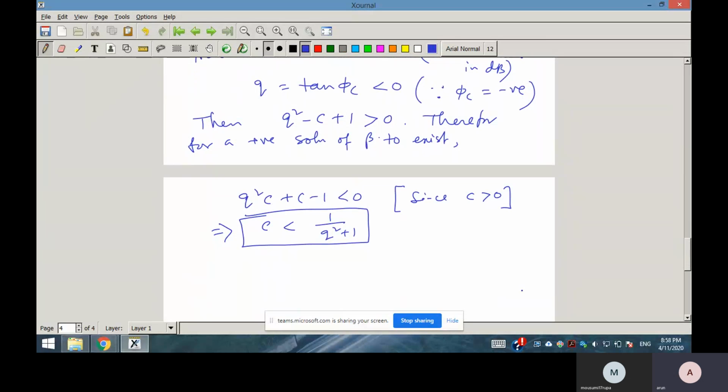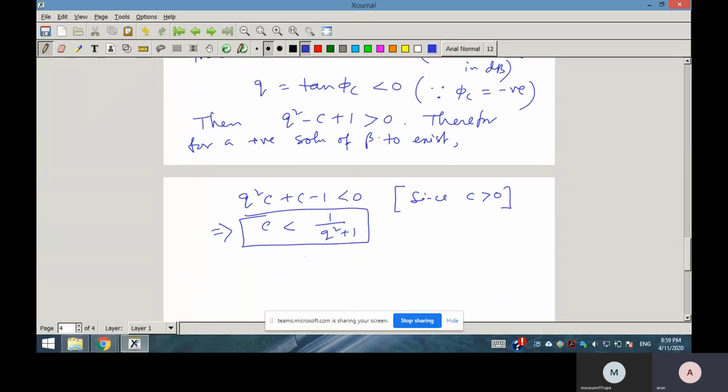Now we have to see whether this condition will also guarantee that beta is less than 1. As we have seen in the last class, at that time we obtained the condition that Q square was less than C minus 1, and that also guaranteed alpha greater than 1.